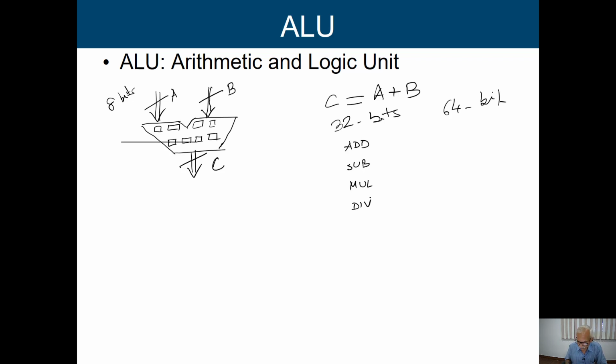Similarly, say another set of operations I can have: OR, AND, XOR, and NOT. So now we have 8 different operations. Out of that, 4 are arithmetic operations and 4 are logic operations. That's why I am saying that it can perform several arithmetic and logical operations, and that is there in our arithmetic and logic unit.